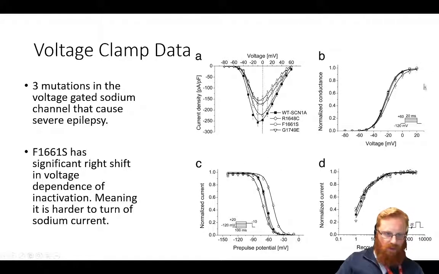The voltage dependence of activation seems largely the same, though I would have to wonder if for this mutation here, R1648C, this could be the effect that's actually responsible for the epilepsy. Could be wrong, right?